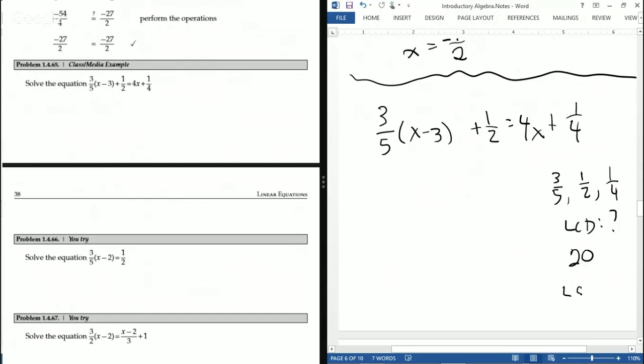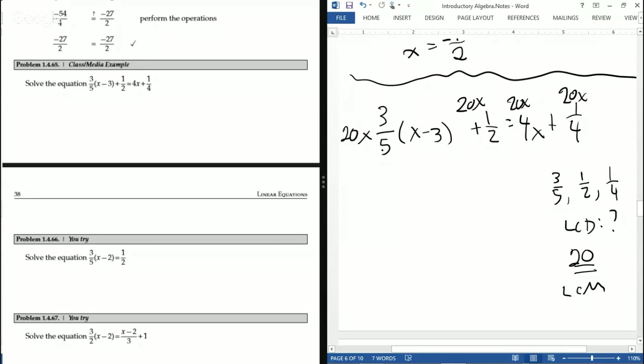If you count by twos, count by fours, and count by fives, the least common multiple would be 20. And so 20 is what we have to multiply everything by. I got to multiply this by 20. I got to multiply this term by 20. I got to multiply this term by 20. And I got to multiply this term by 20. When I distribute my 20, I have to multiply every term by 20. 20 divided by 5 is 4.